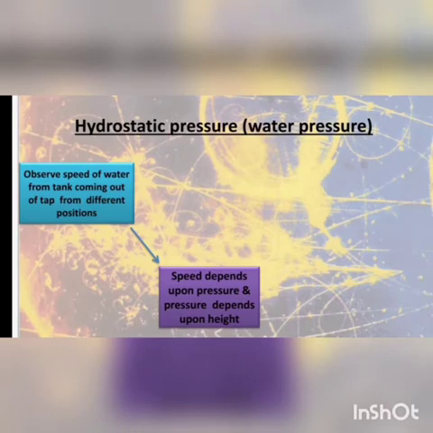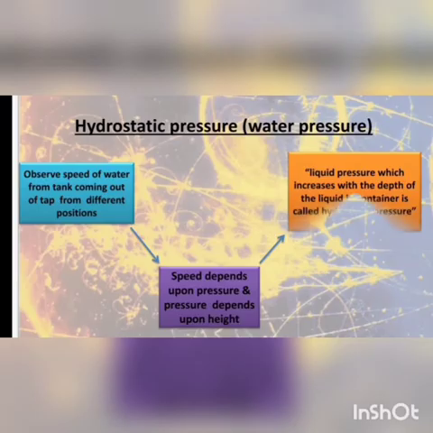because the speed of water depends upon the pressure of water in our tank. So that's why we have observed the different speed of water, and moreover the pressure depends upon the height. That's why we have placed the tank on different positions for observing the speed and pressure of the water. From this we can infer the liquid pressure increases with the depth of liquid in a container, that is called hydrostatic pressure, because we have observed the different positions.